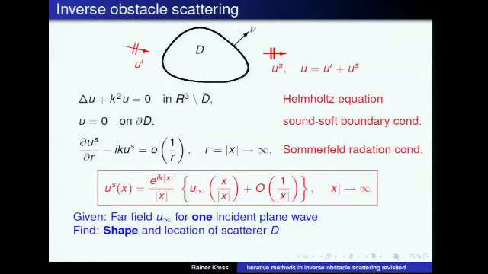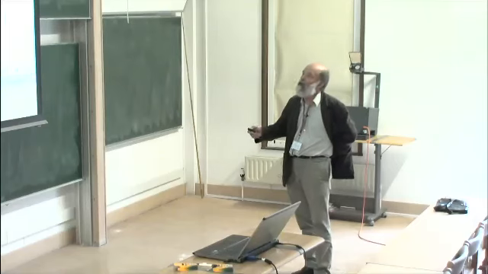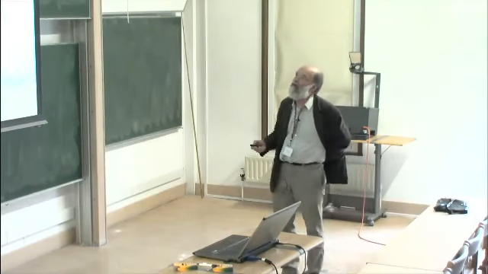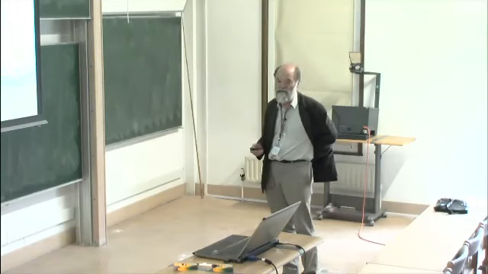We are given the far field pattern. I should have told you that this amplitude factor is known as the far field pattern or the far field of the scattered wave, and it basically means we know or measure the scattered wave at large distances away from the object, all the way around the object, and from this we want to find the shape and the location of the scatterer.